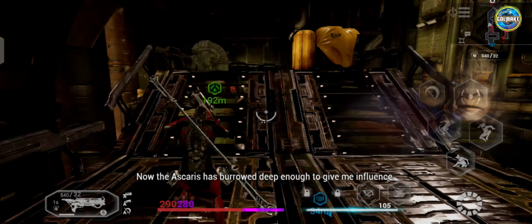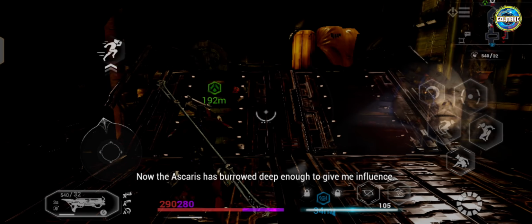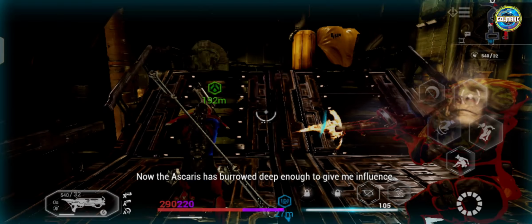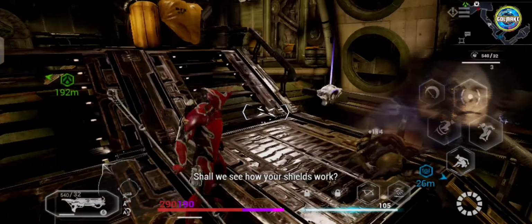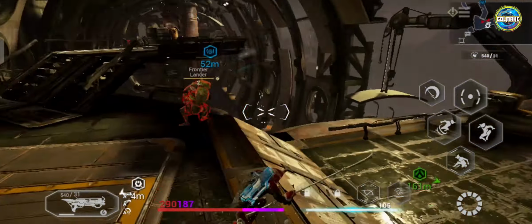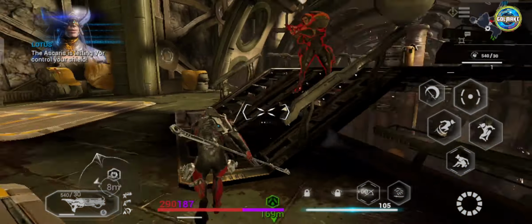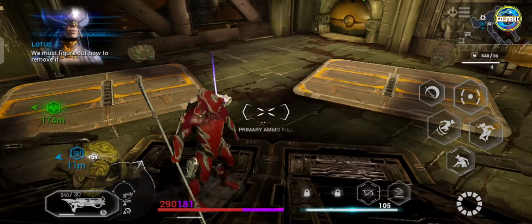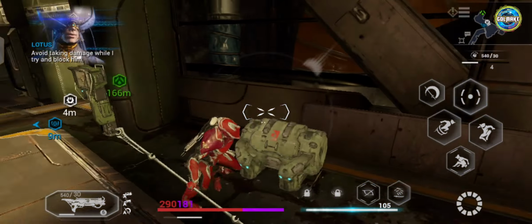The Ascaris has burrowed deep enough to give me influence. Shall we see how your shields work? The Ascaris is letting Vor control your shield. We must figure out how to remove it. Avoid taking damage while I try and block him.